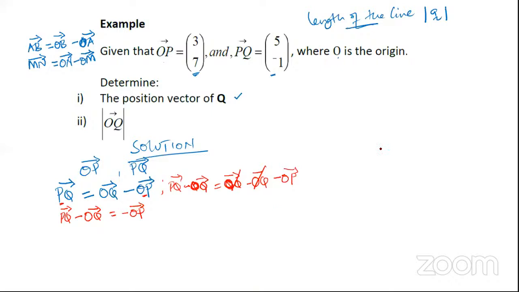Mose, Rebecca, Mose. Let me start with Mose. Excuse, sir. I thought that you said PQ plus OP, then we will be getting OQ. Sorry. Yes, we are finding OQ. Good, I think that is a good observation.